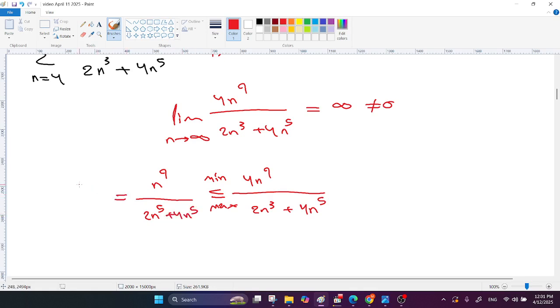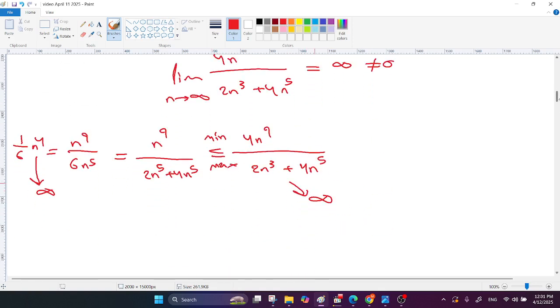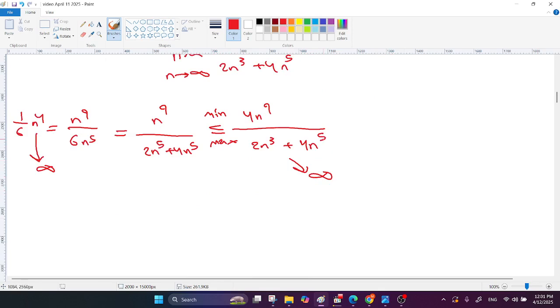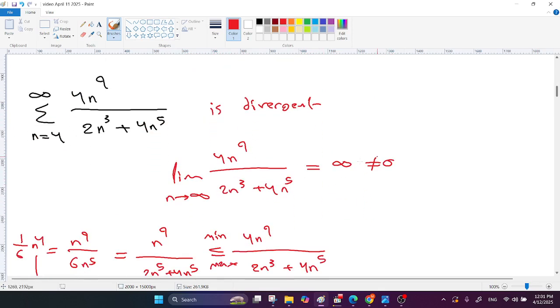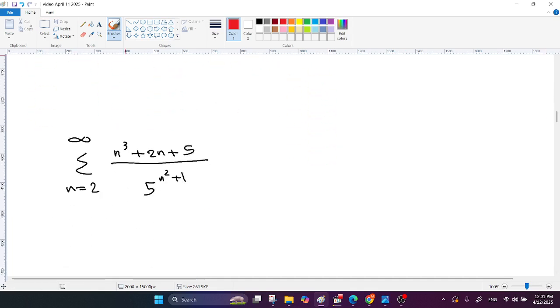This equals n to 9 over 6n to 5, which equals 1 over 6n to 4. This goes to infinity. So this one must go to infinity, okay? So here, this limit is infinity, not 0. So divergent, okay? Now the next problem.